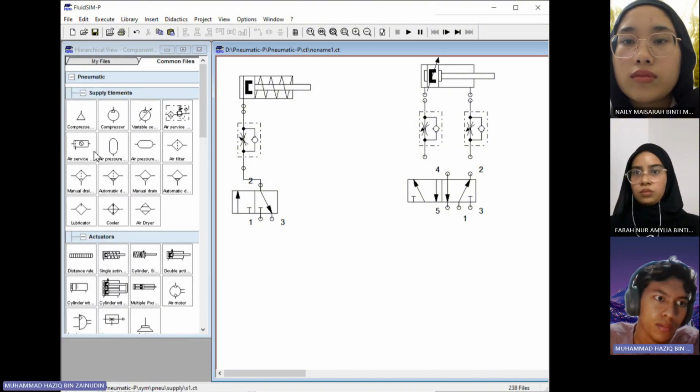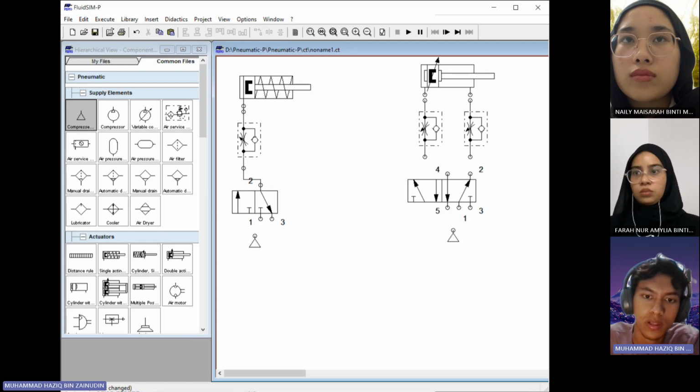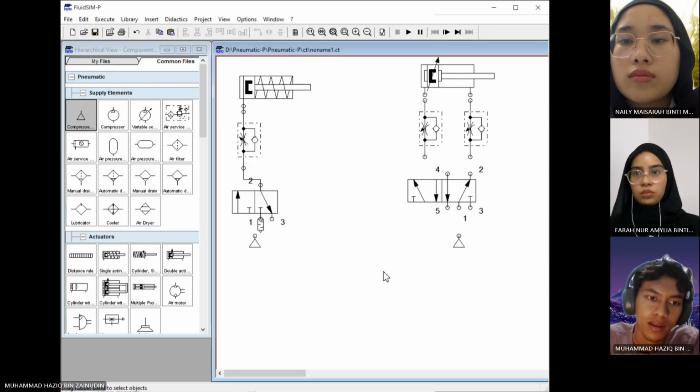And lastly, I'm going to supply compressed air to both actuators to see how the actuators work. For the output, I'm going to use a silencer because if I didn't use a silencer, the sound may be too loud for us.